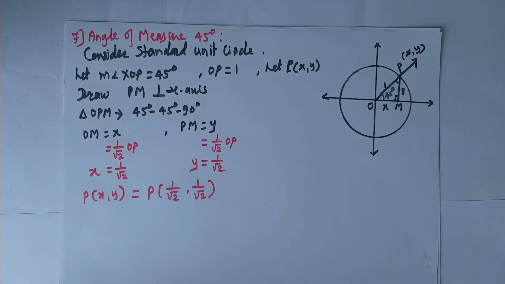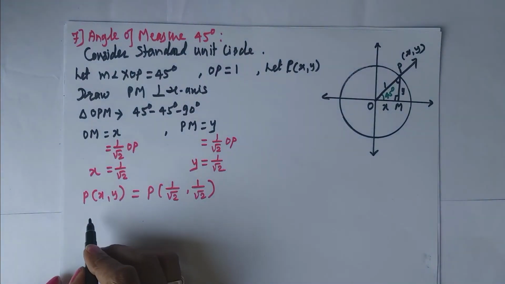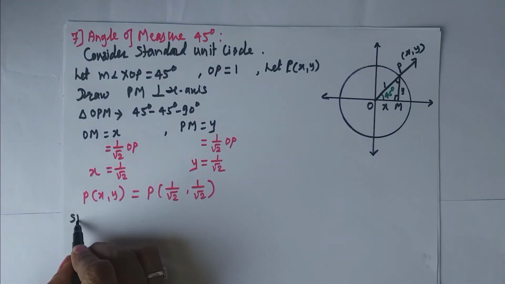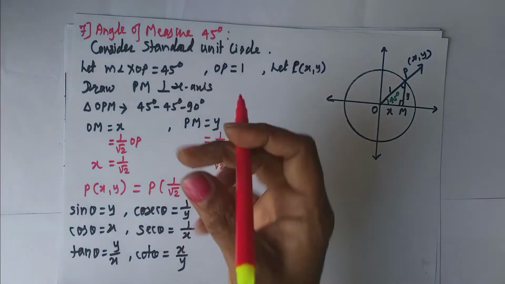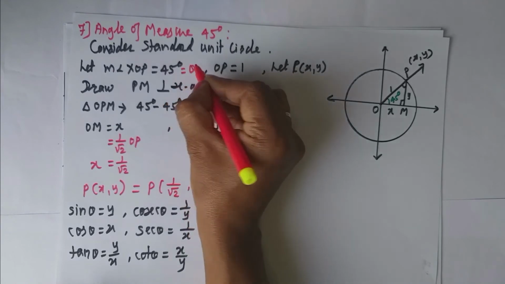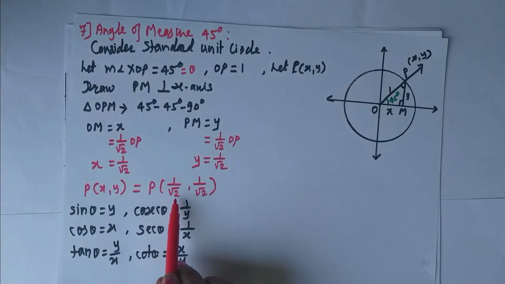Okay. Then you write down all 6 trigonometric functions in terms of the standard unit circle. These are all 6 trigonometric functions in terms of the standard unit circle. In this formula, you keep the value of theta as 45 degree, and keep the value of x as 1 by root 2 and the value of y as 1 by root 2.